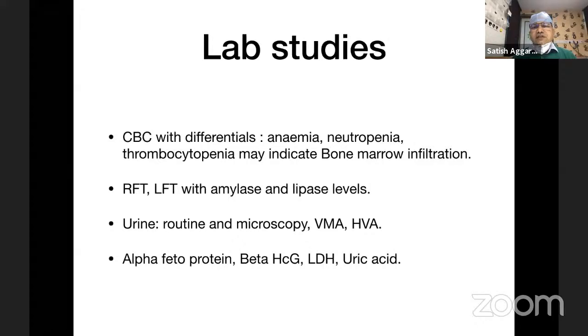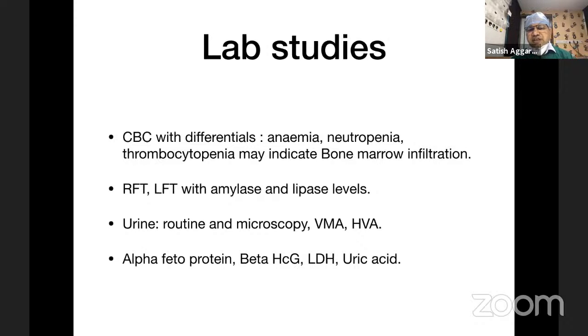Now, as far as a practicing pediatrician is concerned, when you come across an abdominal mass in a child which is sort of incidentally picked up, it's good to have a basic workup in the form of a blood count with differential count, routine LFT and renal function tests with amylase and lipase levels, urine routine and microscopy.